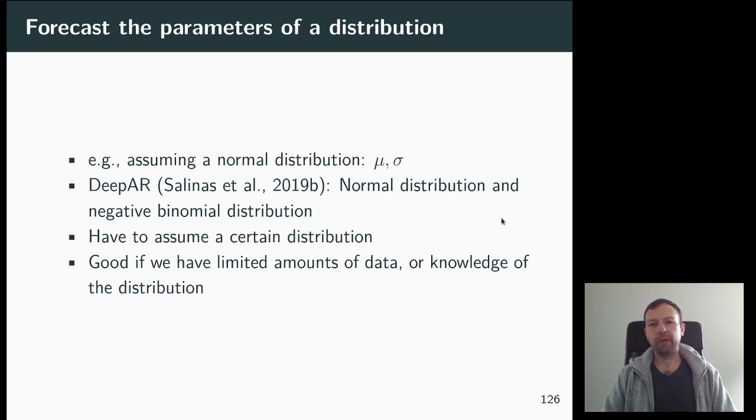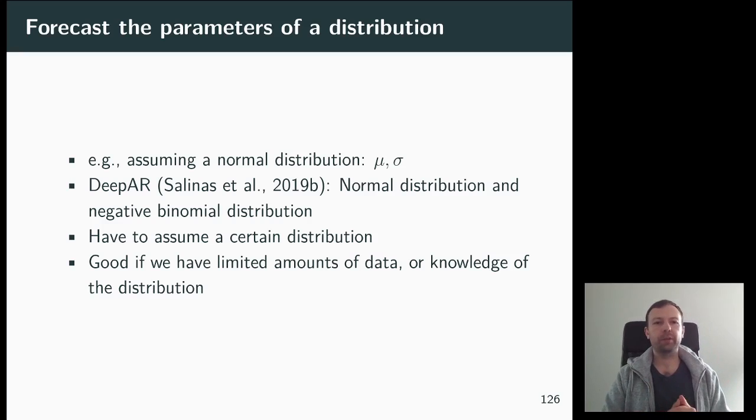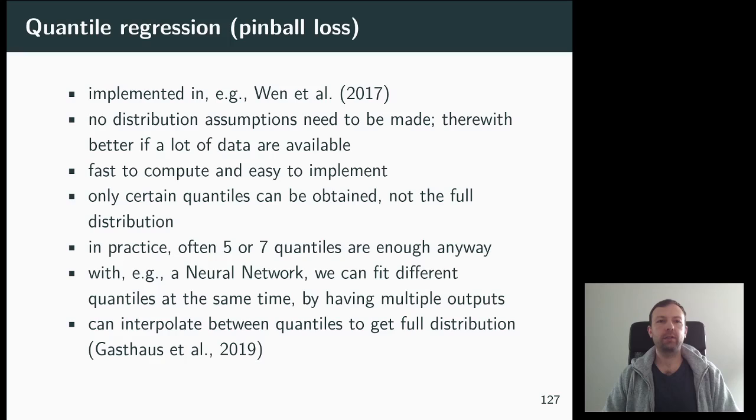And you can use DeepAR with a normal distribution and a negative binomial distribution. Well, that's what the original paper shows results for. You can also use it with other distributions. The drawback of this is now you have to assume a certain distribution beforehand, and that's good if you have limited amounts of data available or if you have knowledge of this distribution. But if you have a lot of data and you don't know anything about the distribution, this may also not be the right thing to do.